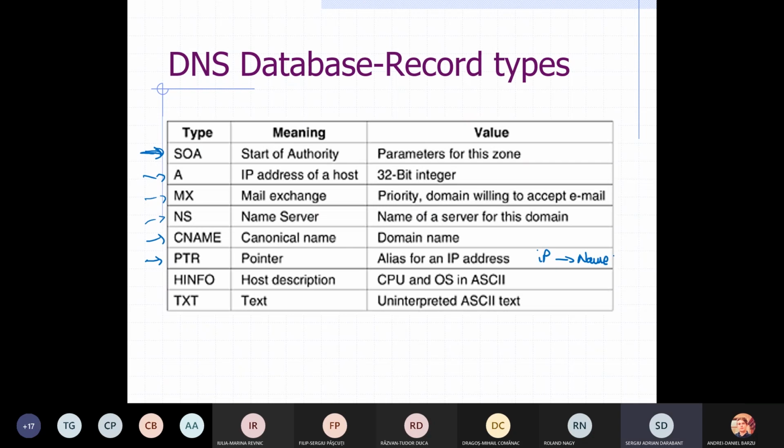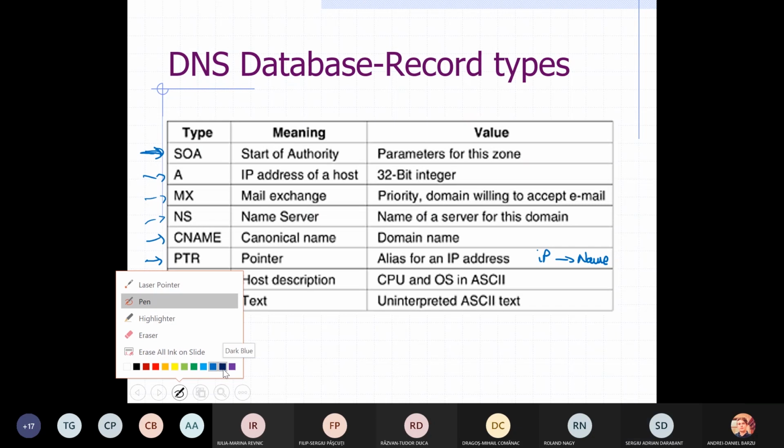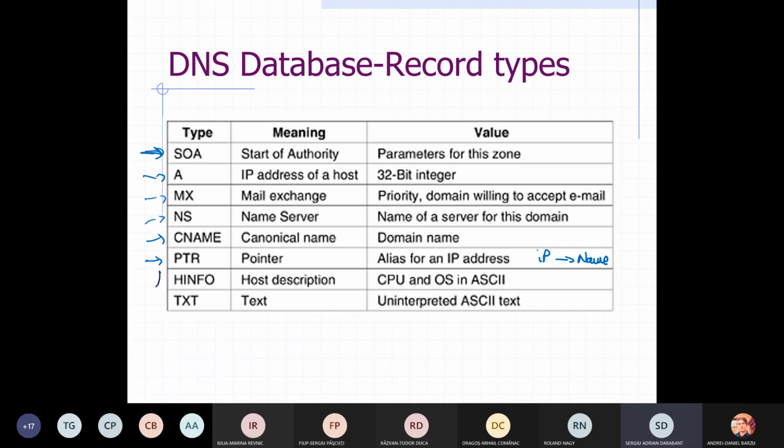Okay, that's the reverse of A. And then you have hinfo and txt. These are more informational. These are some host description and text description about the domain. They are not usually related to querying information about the host. It's just that you can store there some additional information about the domain.